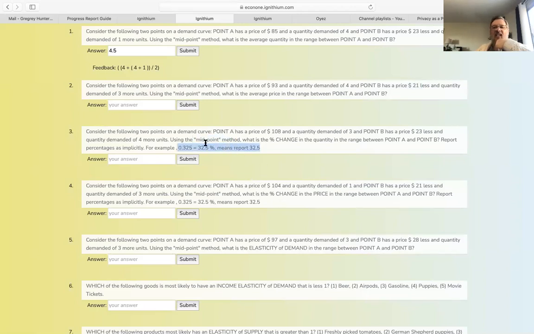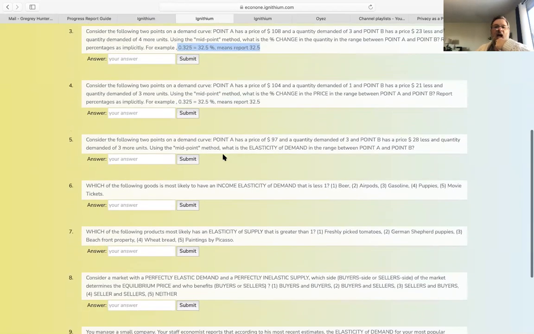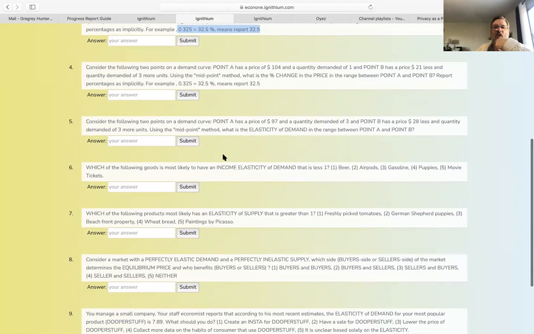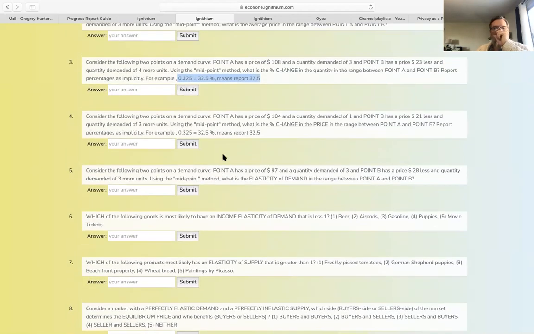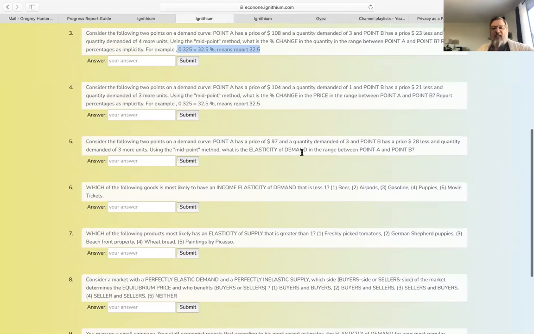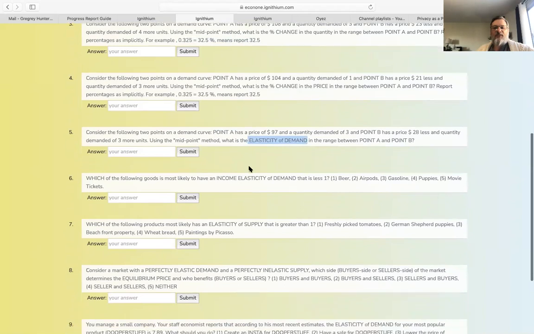Just pay attention, because if you have 32.5%, you just want to report 32.5. You don't have to put the percent sign in there. I think all of these are pretty straightforward. It walks you through calculating the elasticity of demand in the first 5 questions.